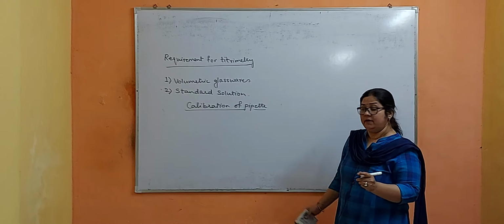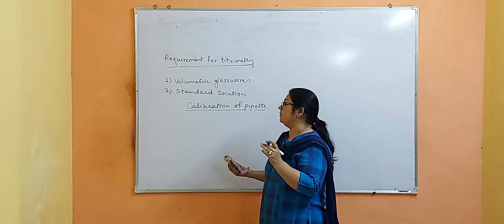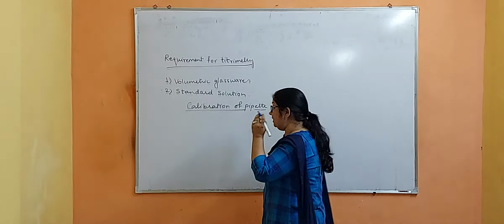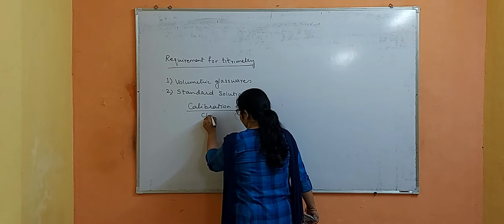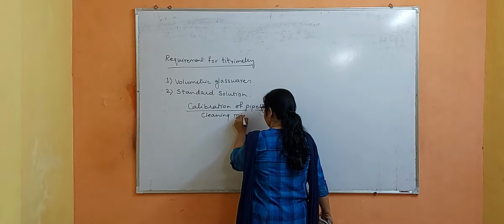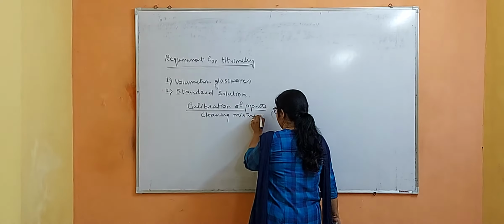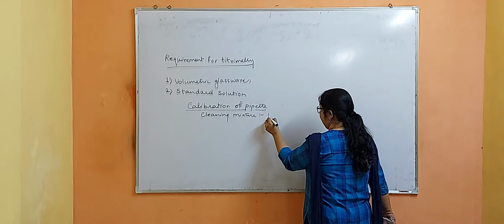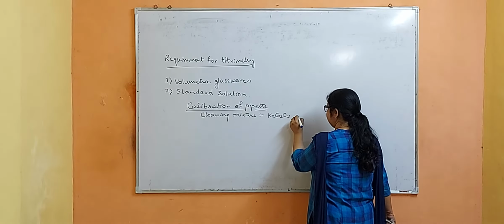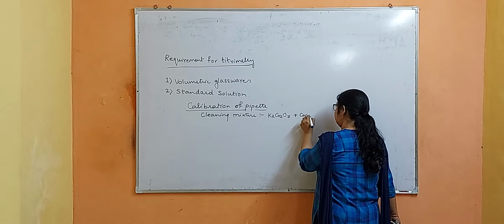First of all, whichever glassware you are going to calibrate, it needs to be cleaned. So it is cleaned by cleaning mixture. Now what is this cleaning mixture? It is a mixture of K2Cr2O7, that is potassium dichromate, plus concentrated H2SO4.